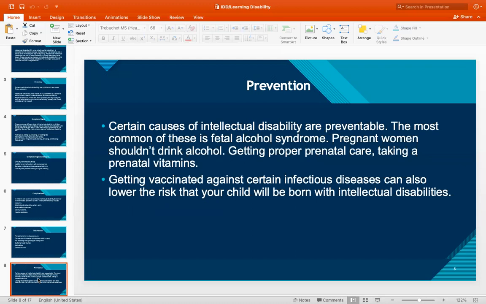We're also looking at getting vaccinated against certain infectious diseases, which can lower the risk of the child being born with an intellectual disability, having whatever vaccinations for whatever infectious diseases are out there.